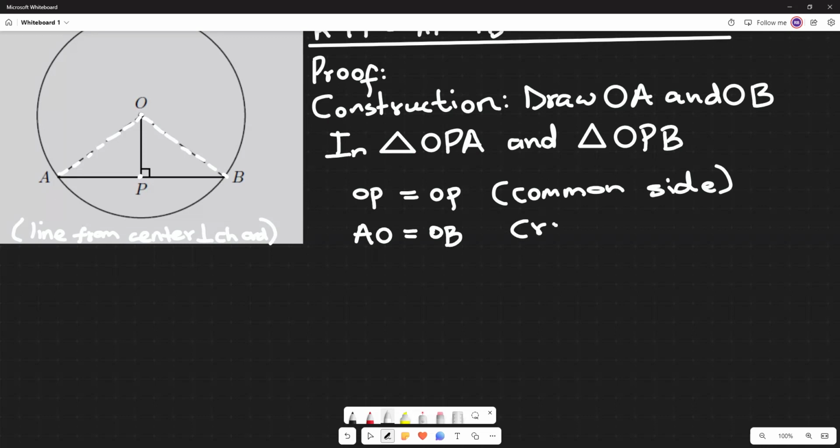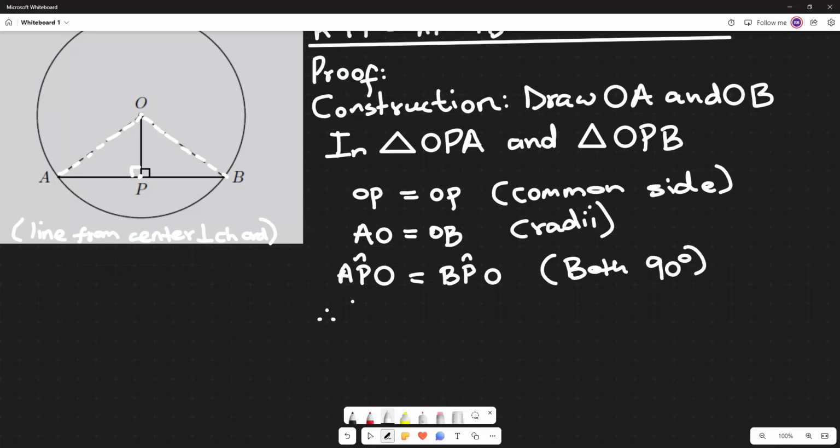Your reason is radii. And then you can see that angle APO, which is this one, is 90 degrees as well. Do you agree? It will be the same as angle BPO. Your reason is both 90 degrees.